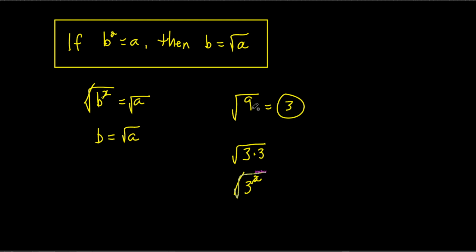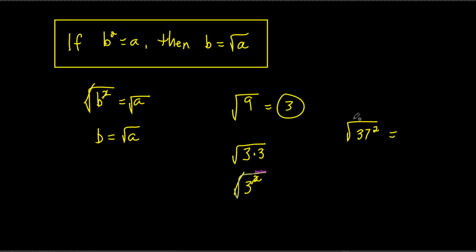Now you knew what this was in your head. You could just look at it, bam, you knew it, no big deal. But what if I gave you this? What if I said, what is the square root of 37 squared? Do you have to put 37 squared in your calculator and then take the square root of it? Do you have to do that here?